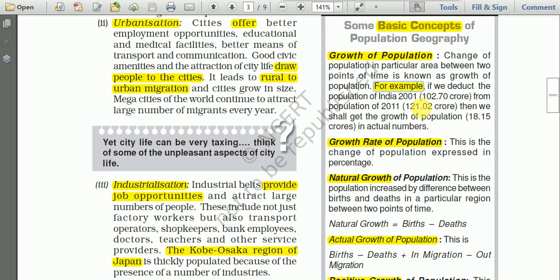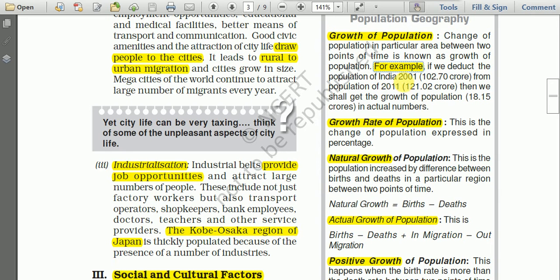For example, if we deduct the population of India of 2001 census, that is 102.7 crore, from the population of 2011 census, that is 121.02 crore, then we shall get the growth of population, that is 18.15 crore. So this is the growth expressed in terms of absolute numbers.